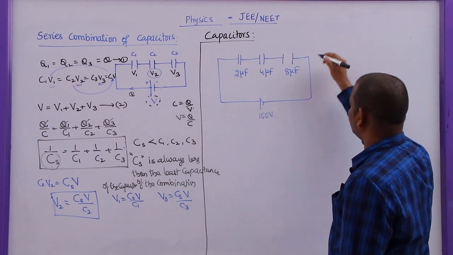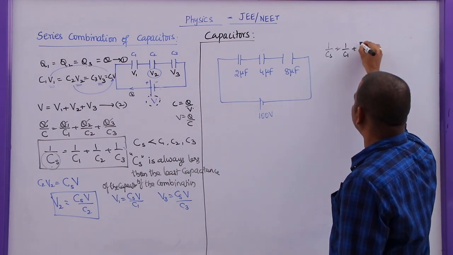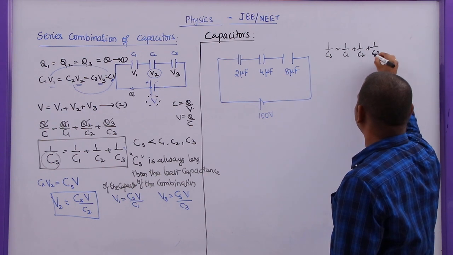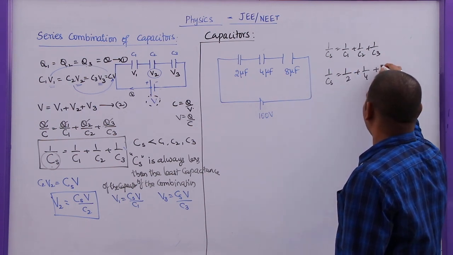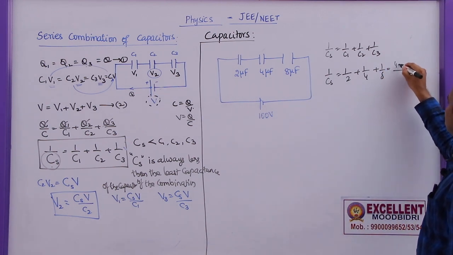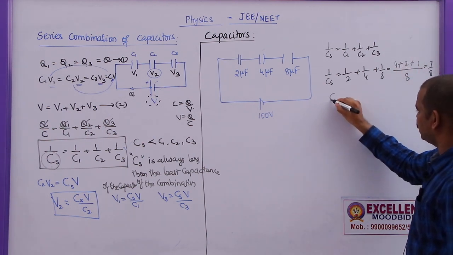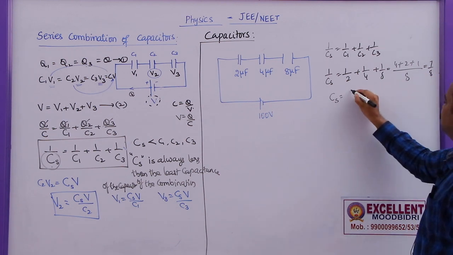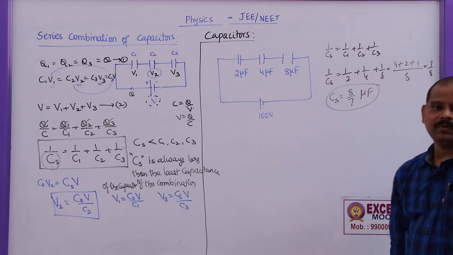First, to find the effective capacitance, 1 by CS is equal to 1 by C1 plus 1 by C2 plus 1 by C3, that is 1 by 2 plus 1 by 4 plus 1 by 8. LCM is 8: 2 4s, 4 2s, 8 1s. This is 7 by 8. So, the effective capacitance is not 7 by 8, this is 8 by 7 microfarad.